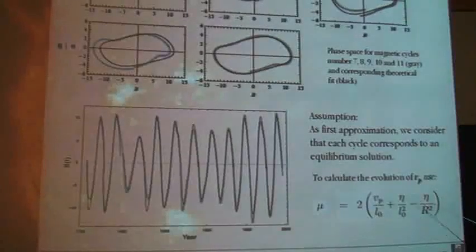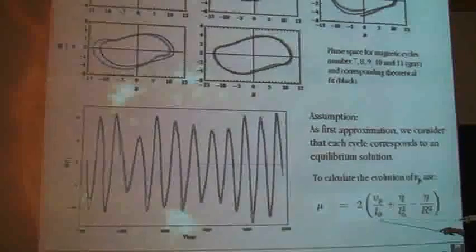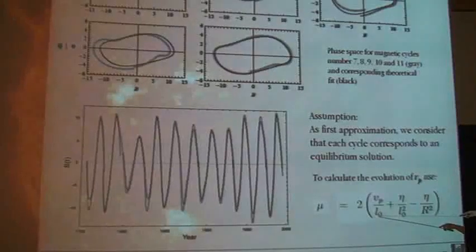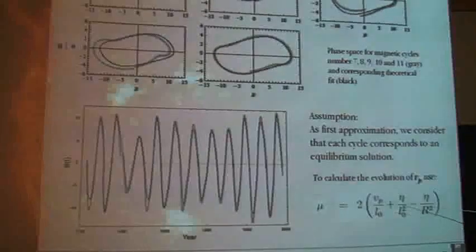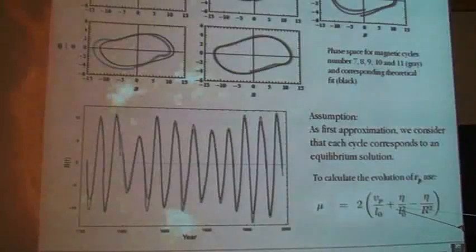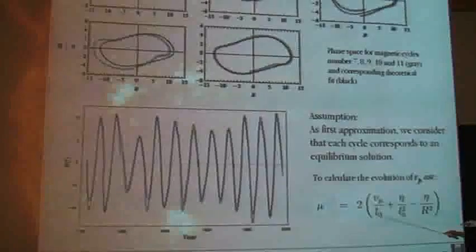If you plug in some numbers, for example for the sun's surface, it's like 20. L0 will be like 10 to the power 7. Eta is the turbulent diffusivity, which is 10 to the power 7 meters squared per second, more or less. And this is 10 to the power 14. You'll see that this term dominates.